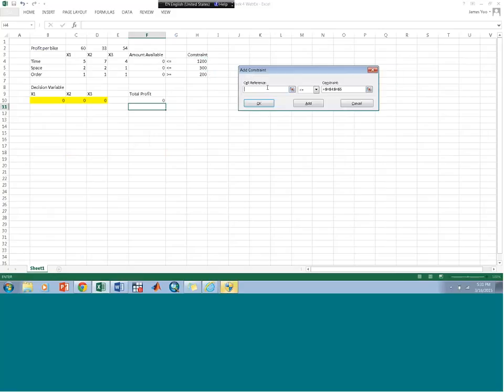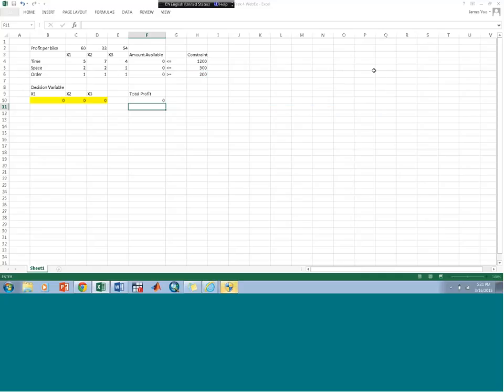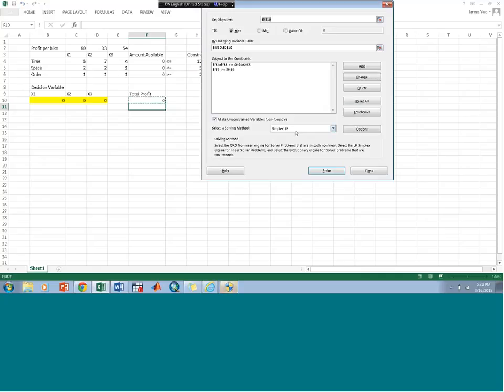And add your order constraint, which should be greater than or equal to 200, and add. Now close it. And make sure that Simplex LP is selected and press solve.